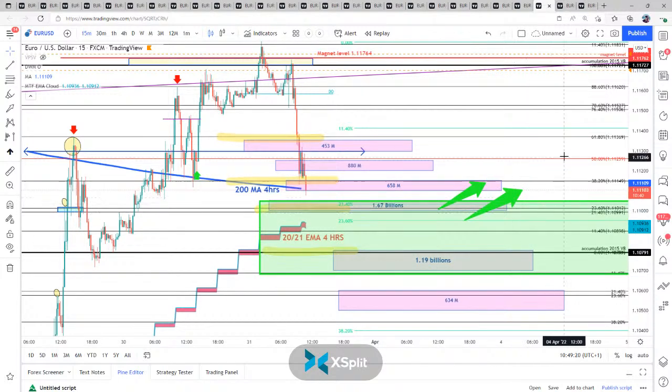On top of that, we have here, as I say, the 2360, 2140 double confluence of fib. We have the 4-hour EMA, 2021 EMA under it. And we should break this one soon. We already tested it, you see here, several times, once, twice. Usually the third one is the good one. So let's say if now we can break this one and just pierce it, that would be great.